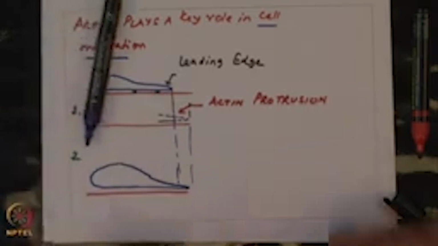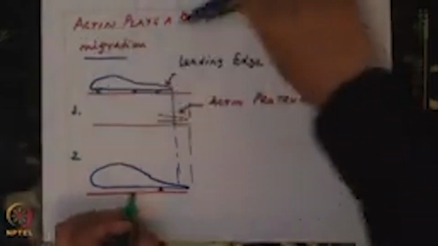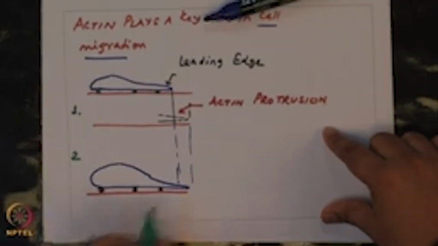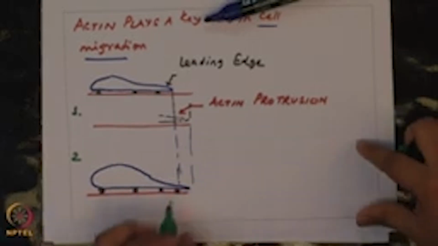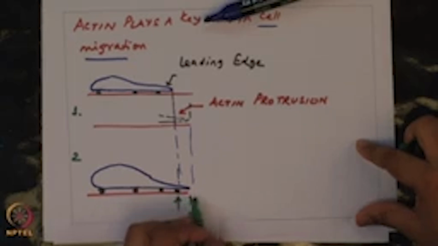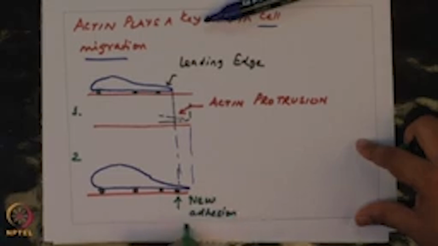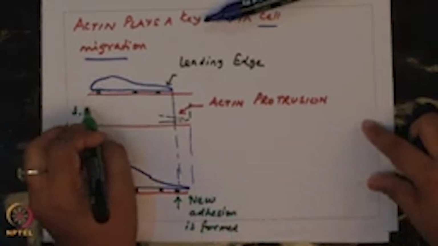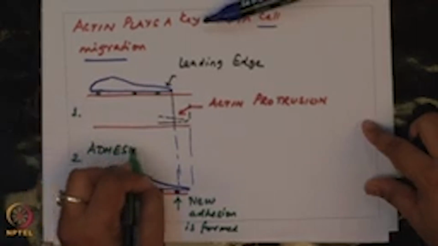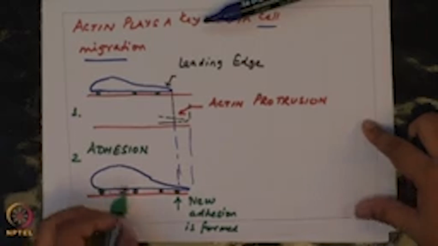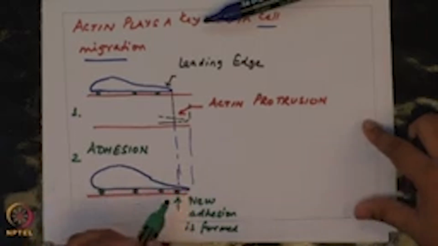So, earlier you had focal adhesions here, here, here. What you also have is formation of an adhesion here. New adhesion is formed. So, first you have protrusion, then you have adhesion. So, what adhesion does, it stabilizes this protrusion.